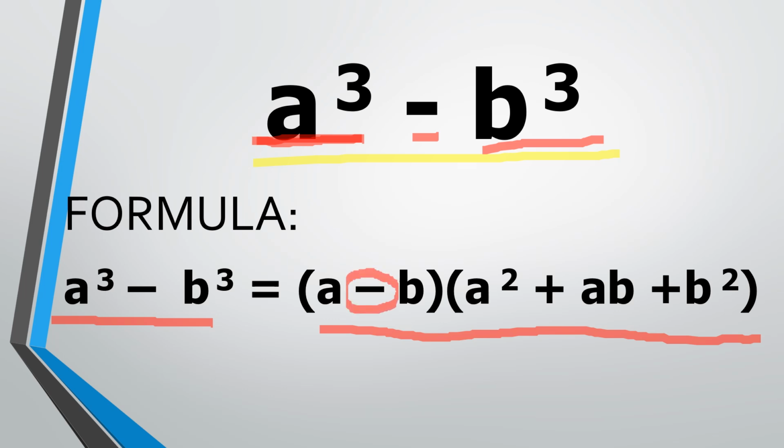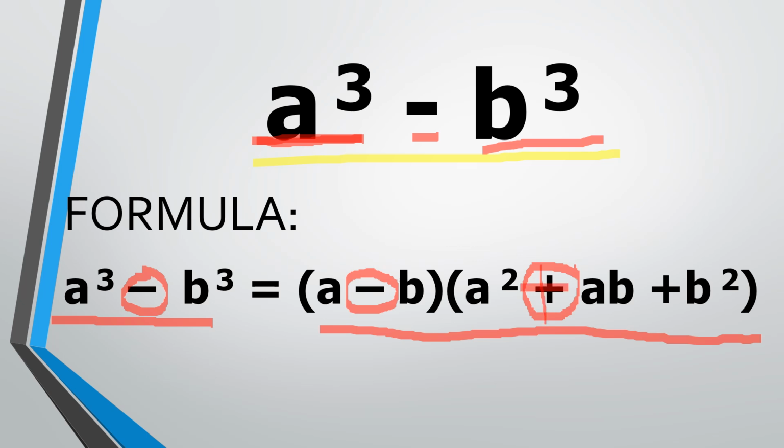As for the trinomial factor, the middle term should have the opposite of this one. If you have negative here, then the middle term should be positive.